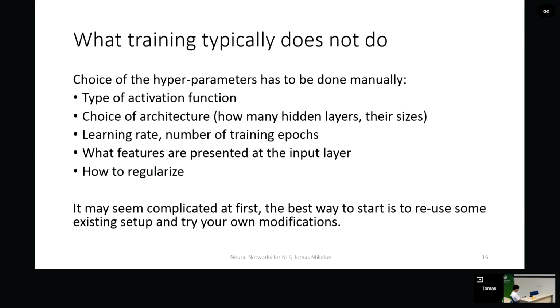Training usually means that we present the network all the training examples from the training set one by one, and we update the weights frequently. After each training example, we can update the weights or we can batch them, but that's already an implementation detail. Typically, there are quite a lot of things that programmers have to choose manually, like what is the type of the activation function, what is the nonlinearity there, and what is the architecture, like how many layers there will be, and their sizes.